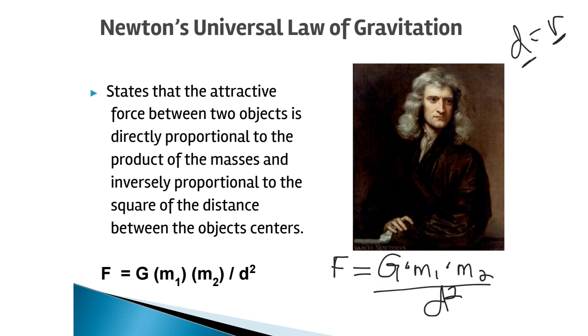It's going to depend on the problem, but it's going to be the distance between object 1 and object 2's centers, and these objects are going to be revolving or rotating around each other. So this is going to be the distance between the centers of the objects.